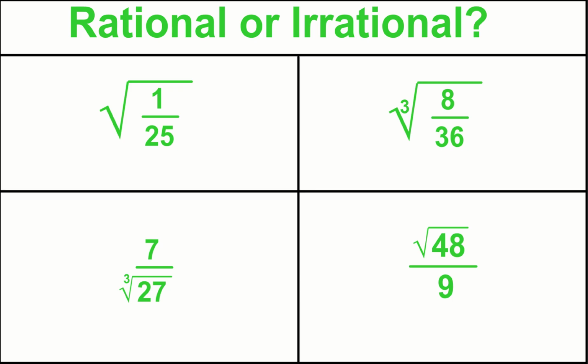Okay? So this one on the top left, we've got the square root of 1/25. So we're going to take the square root of each part. Wilbert, what's the square root of 1? 1. Braxton, what's the square root of 25?